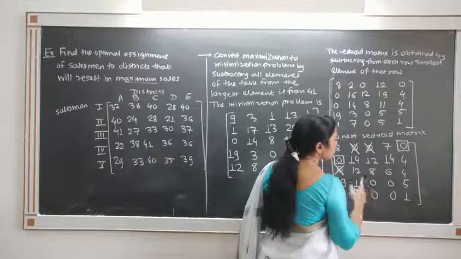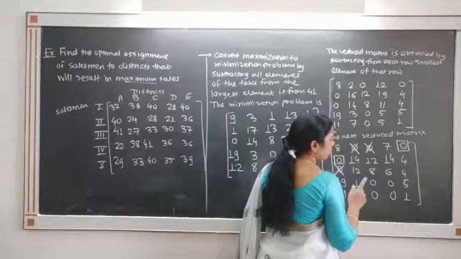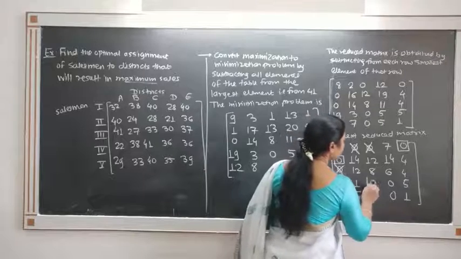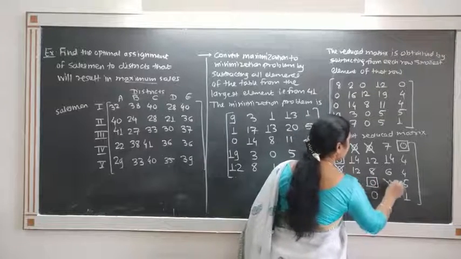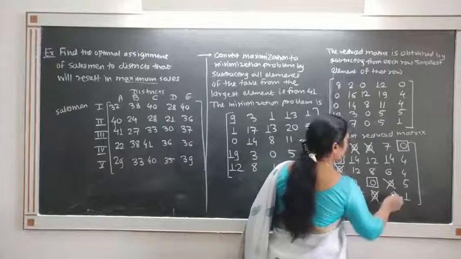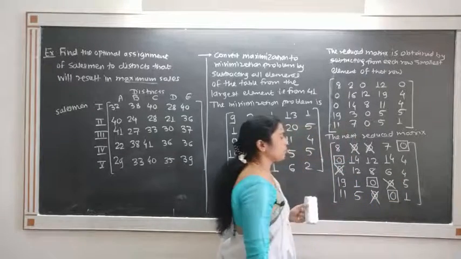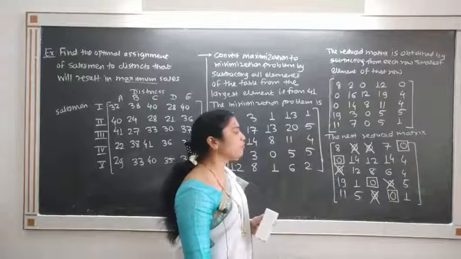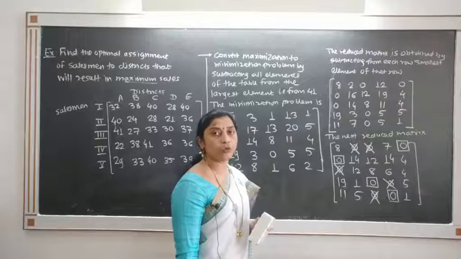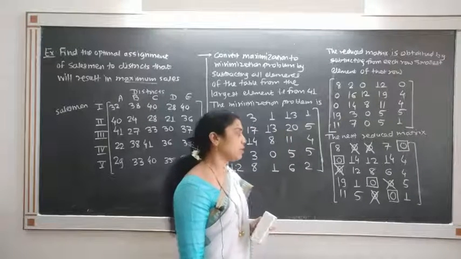Now there is no single 0 in any row or column, so box any one and cross out the remaining, and box this one as a single. Observe that there are only 4 assignments. We require 5, because it is equal to the order of the matrix.